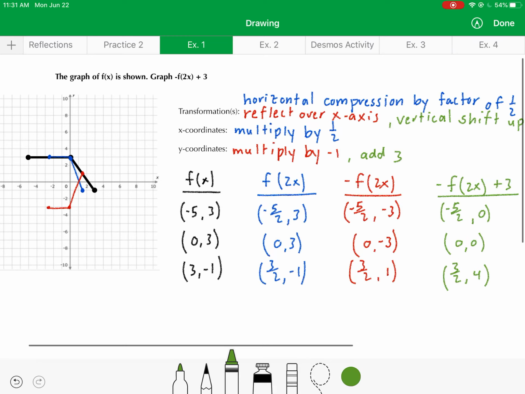Okay. And here we go. Plot those. There is our final curve that we're after. If you're going to graph in stages like this, make sure you label the final graph with the proper notation there, so we know which one we're after.